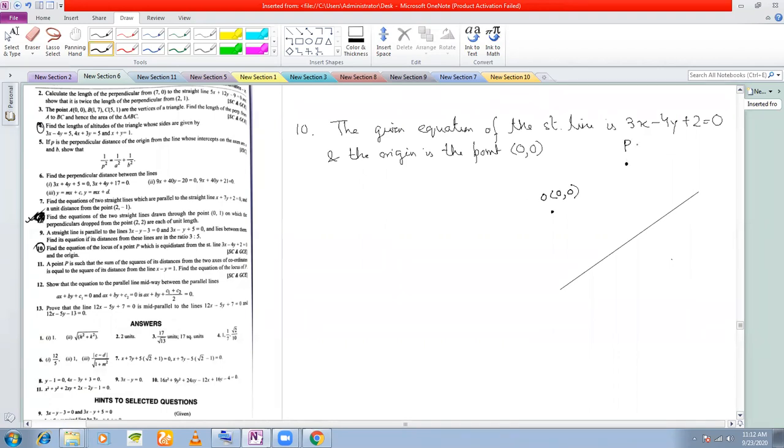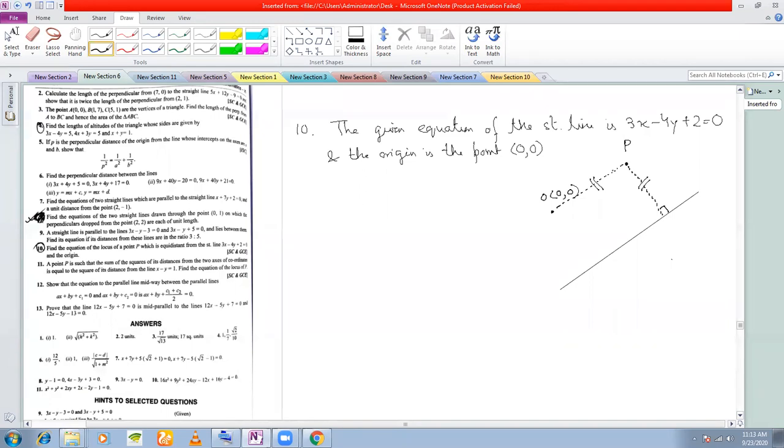You need to find out in what way this point moves such that at each point on its path, its distance from the origin, OP, always remains equal to the perpendicular distance of this point from this straight line. That means this is equal to this. Understood? The question is, what is the path? Not what the point P is.